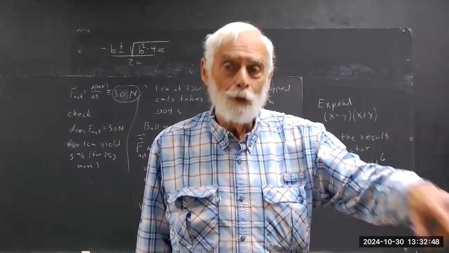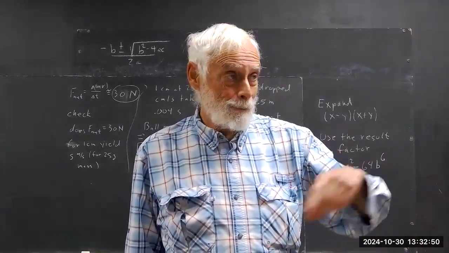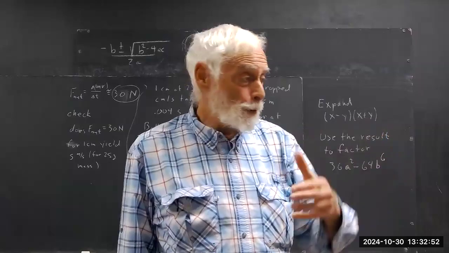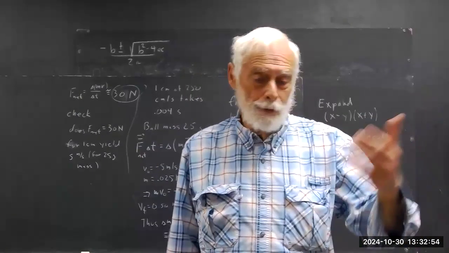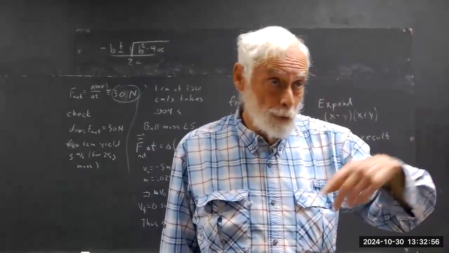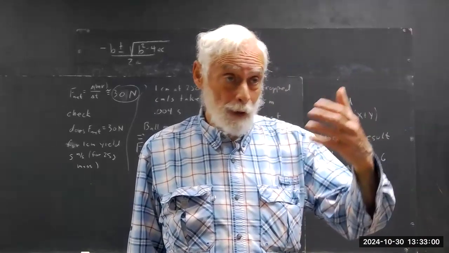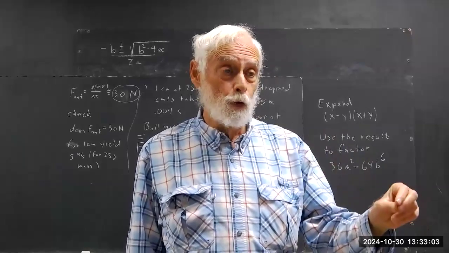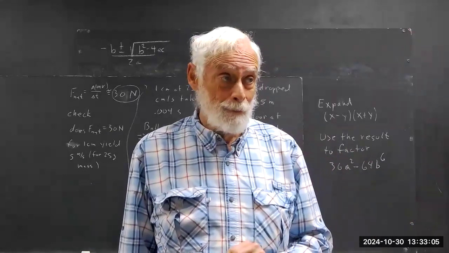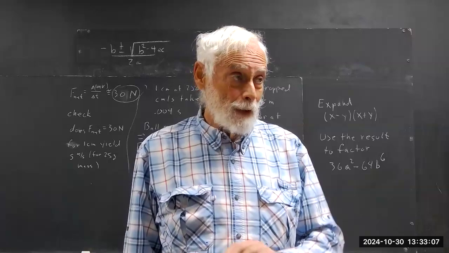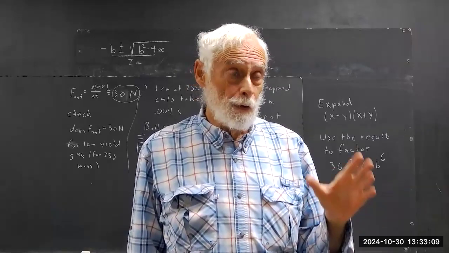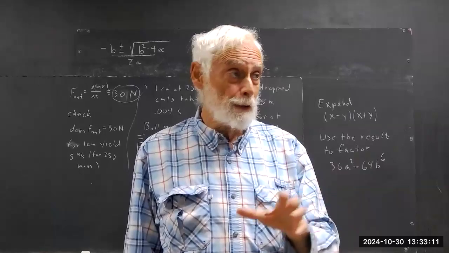What's the rate at which this thing's rotating? If it rotates through, I'll just use the example, I think it's 8 rotations in 20 seconds, you divide 8 rotations by 20 seconds, you get 0.4 rotations per second. And that's a perfectly good angular velocity, although you really don't want to use it in most of your calculations.